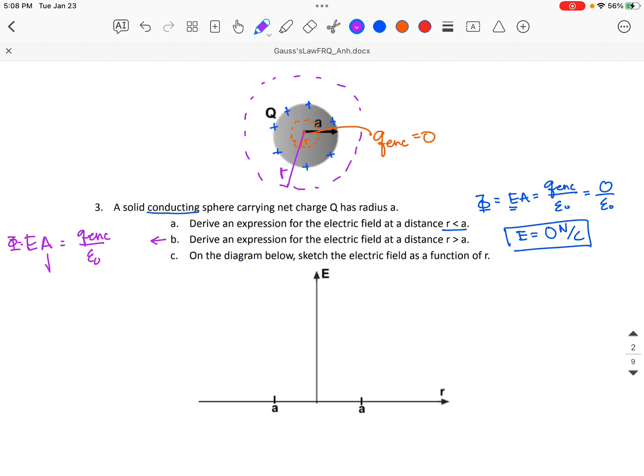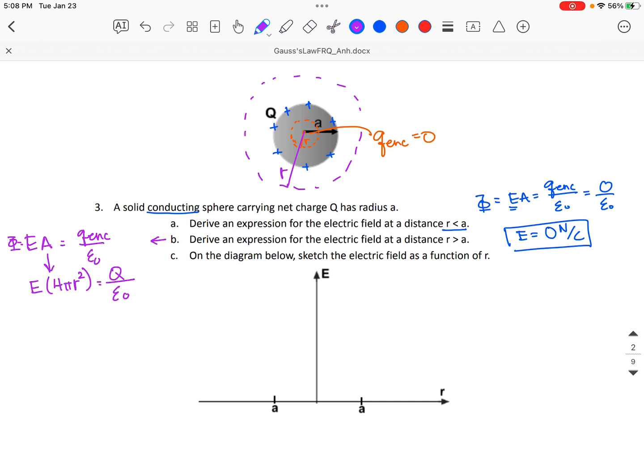Our area is going to be the area of our Gaussian sphere, which is the surface area 4 pi r squared. Our enclosed charge is the entire charge of our internal sphere. And then epsilon naught is just a constant.